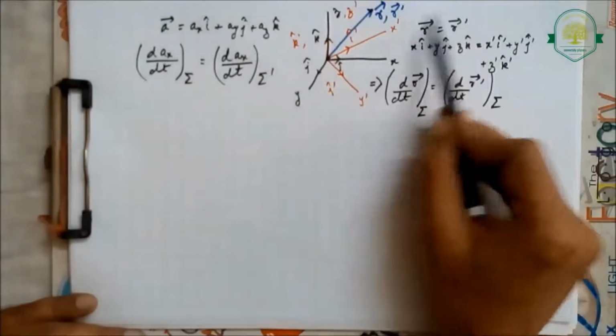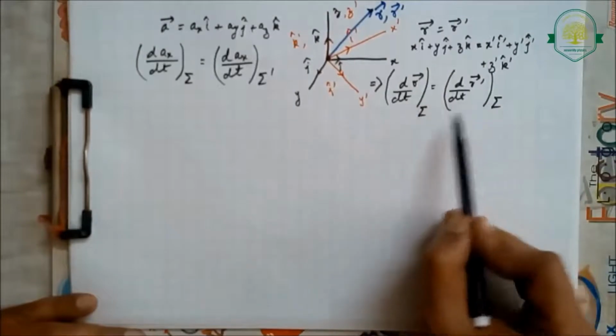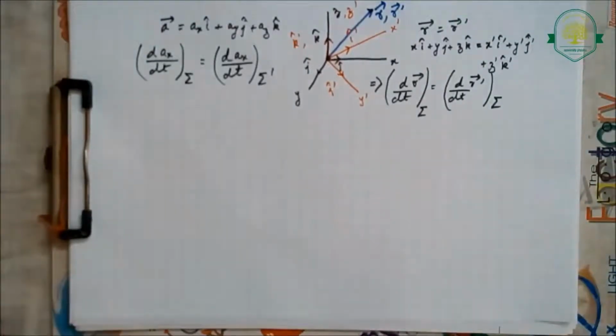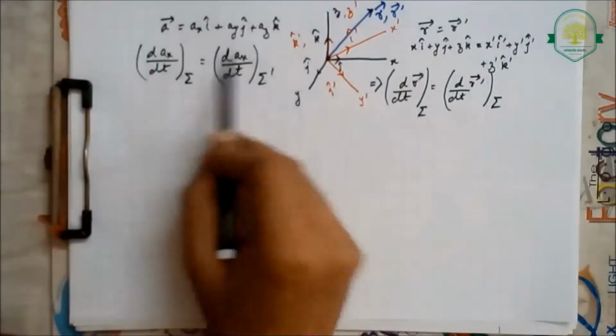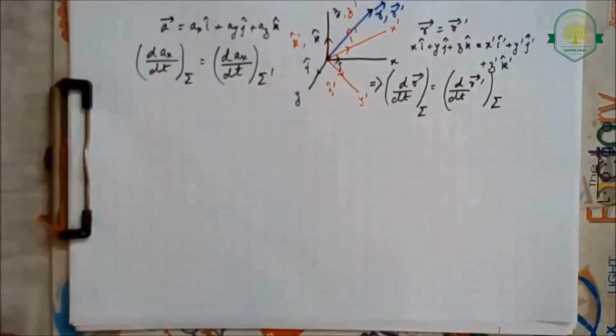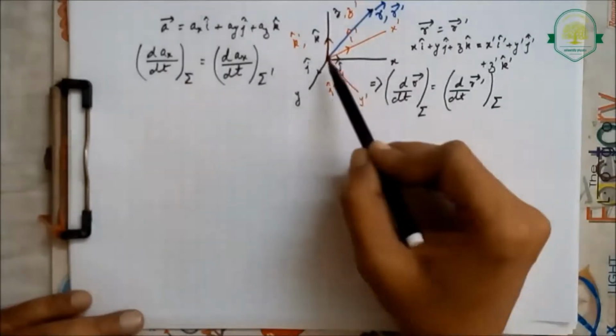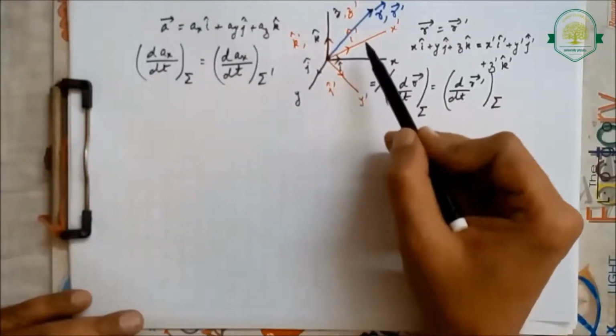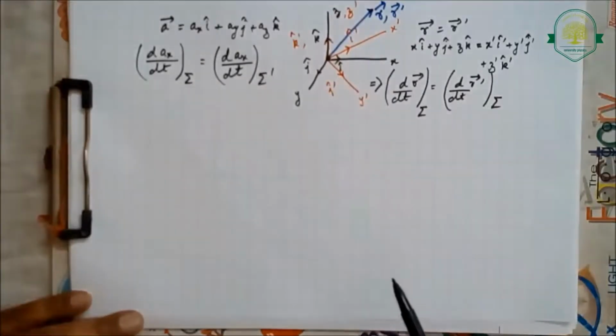So in this equation, if we differentiate both sides, we will have to specify from which frame we are differentiating, which would not have been necessary had we been dealing with scalars. So the fundamental change that has taken place in going from the unprimed frame to the primed frame is that the unit vectors are changing with respect to time.